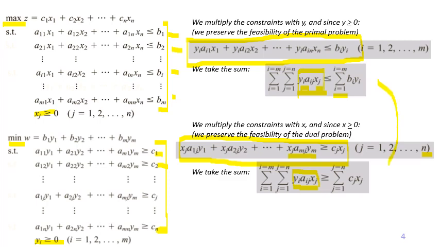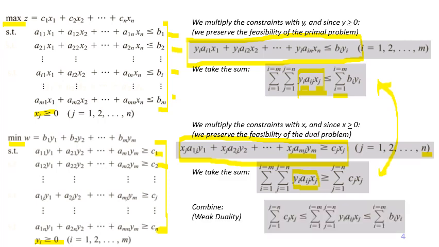By combining these two inequalities, we get something like this: yax must be less than or equal to biyi, and yax must be greater than or equal to cjxj. This already proves the first lemma in weak duality.